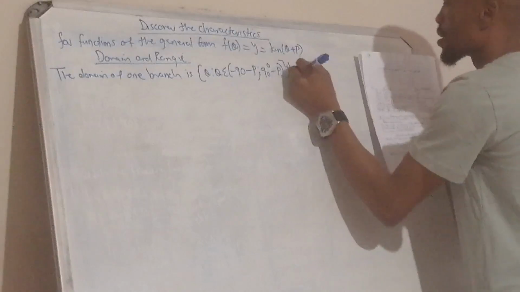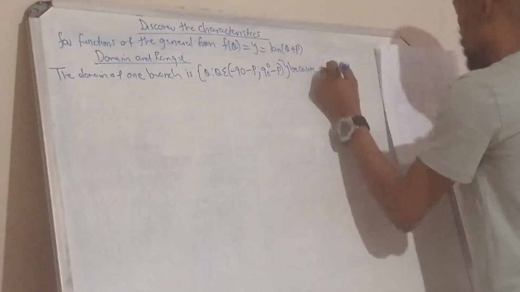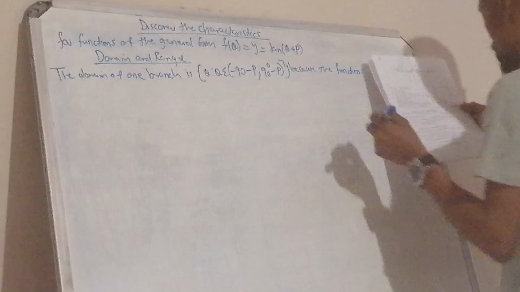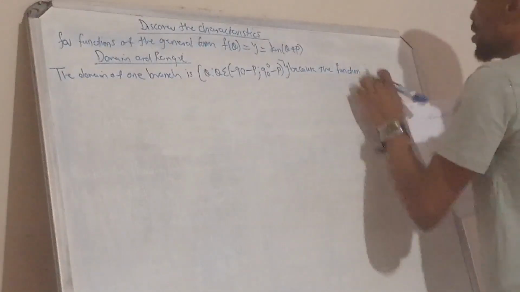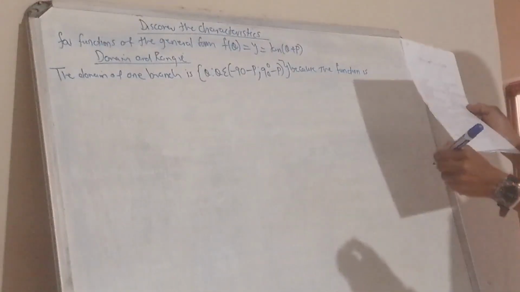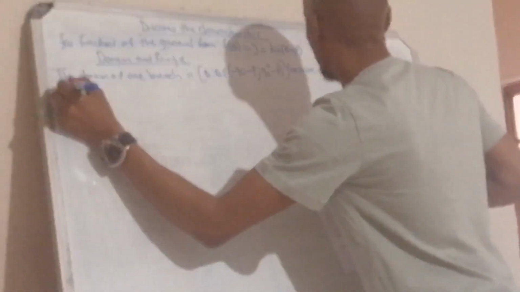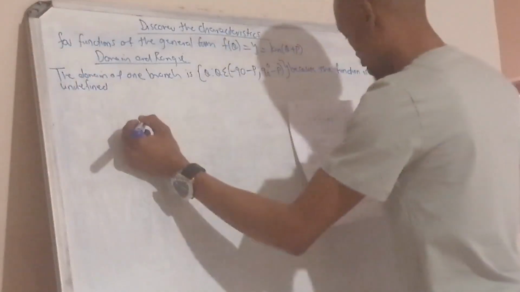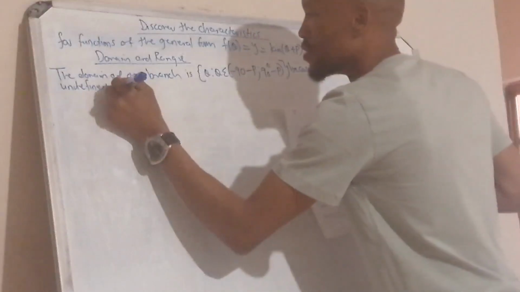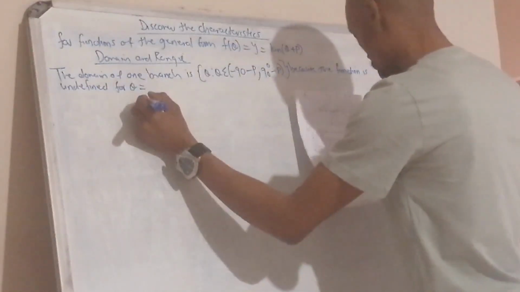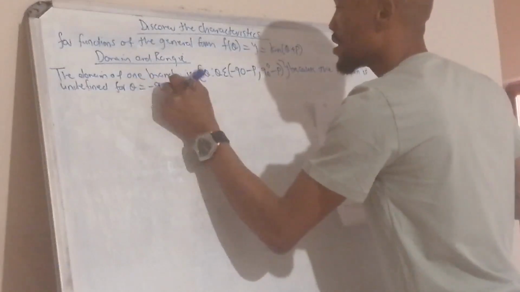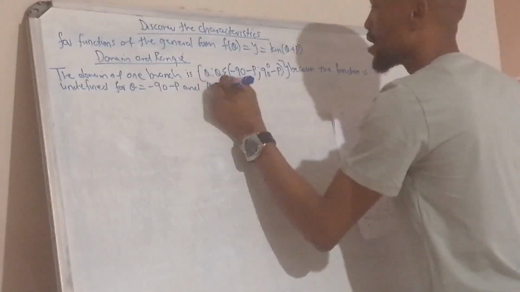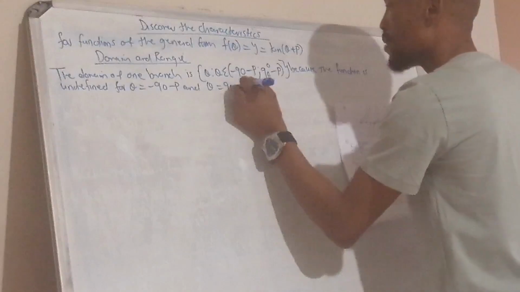This is because the function is undefined for theta equals minus 90 minus p and theta equals 90 minus p.